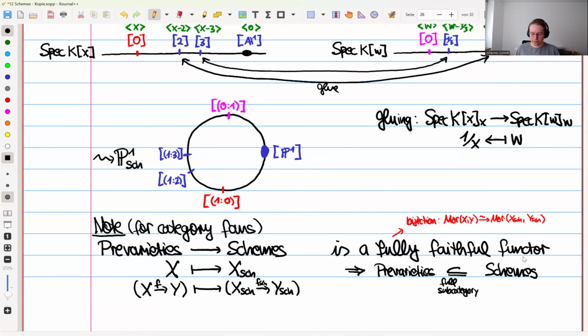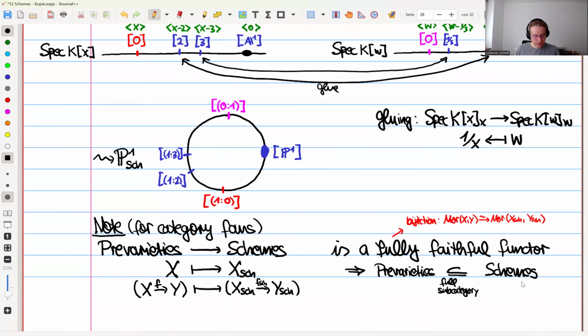And then such a fully faithful functor is often called a full subcategory. You should basically think of this category of prevarieties sitting inside the category of schemes. And that is reassuring, because it tells you that for the prevarieties, anything that you can understand about them, you can also recover in this language of schemes.